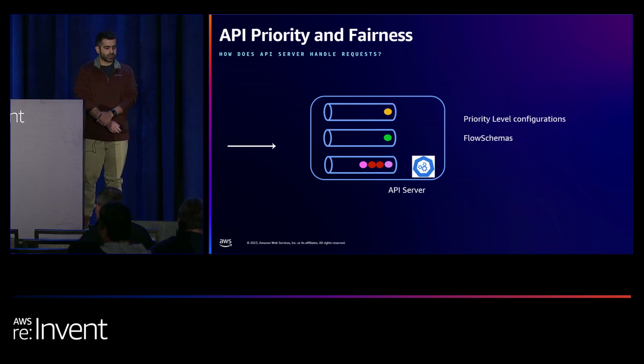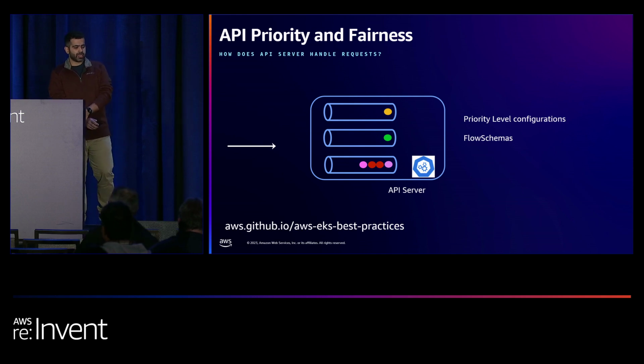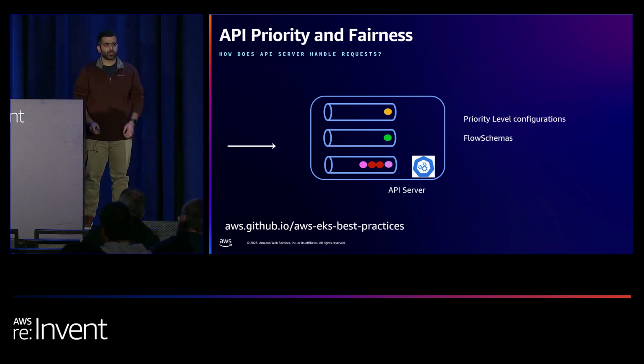Also, it is recommended to reduce the large number of expensive list calls being made to the control plane. Shout out to the EKS scalability team, as they have published great documentation in the EKS best practices guide at this link, where they go over these best practices around APF, which metrics to monitor, and some more background around APF.